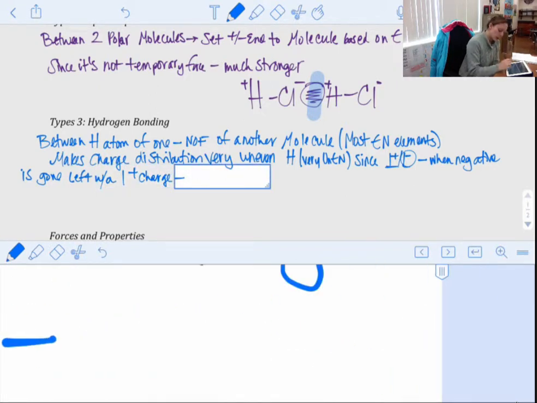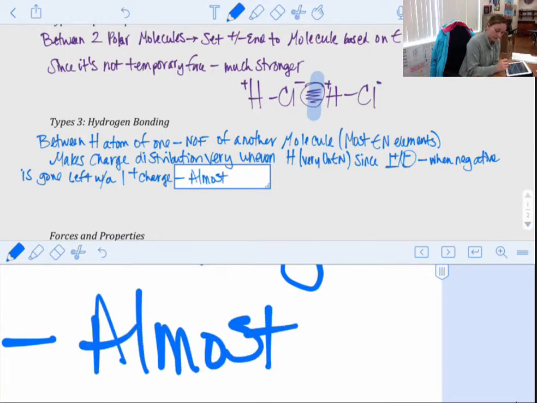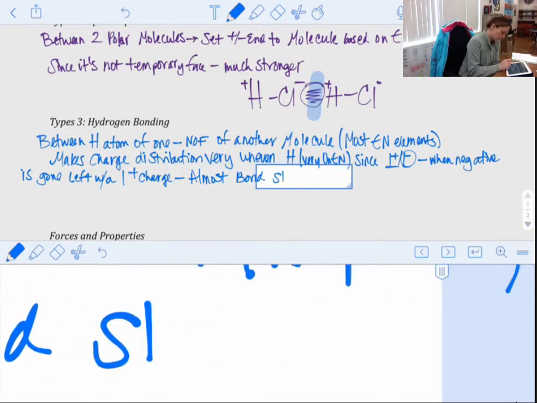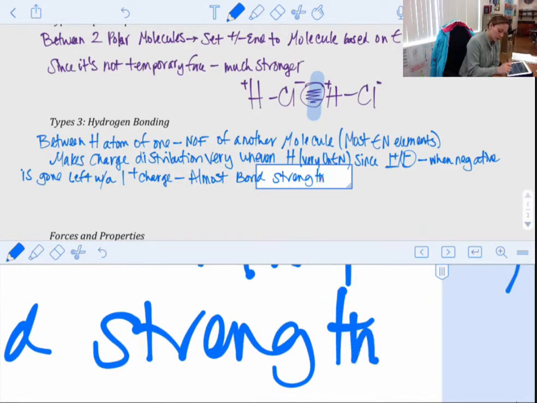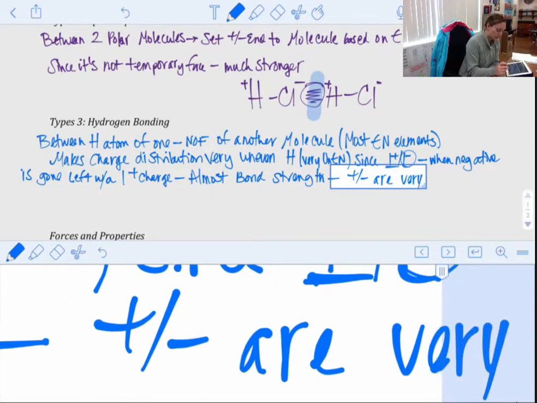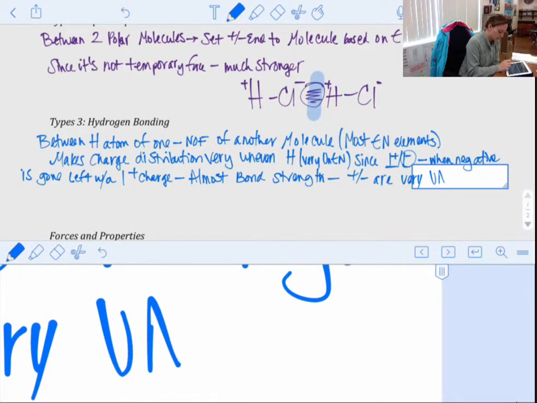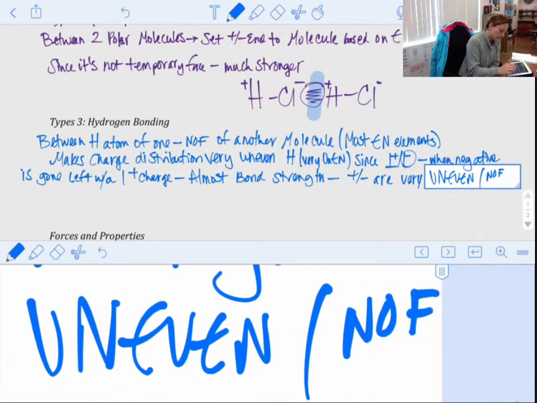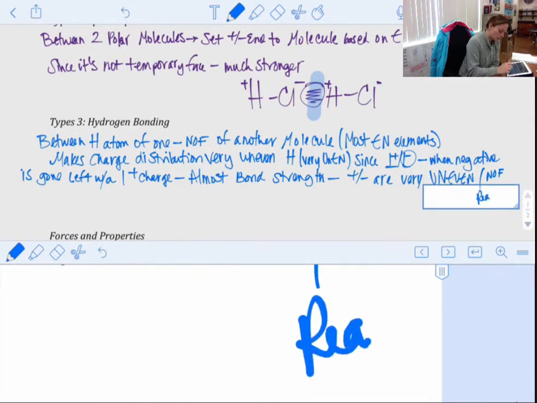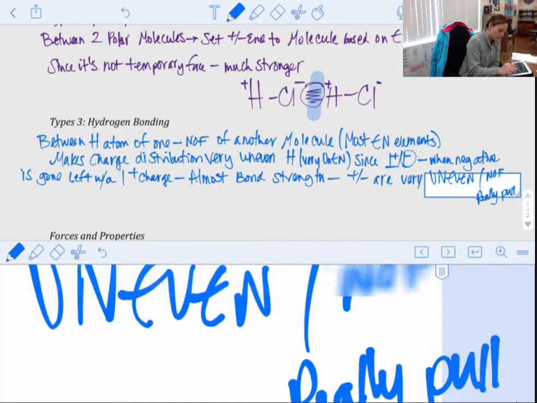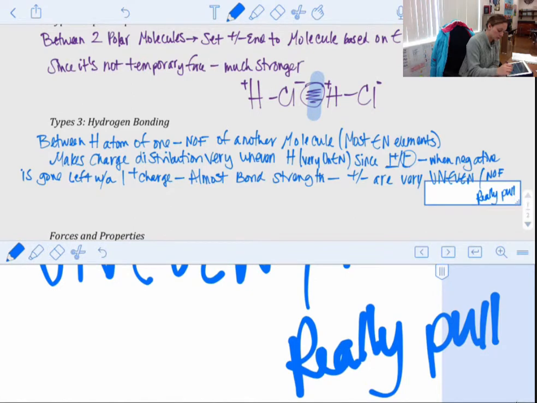So a hydrogen bond is almost like an actual covalent bond strength. They're very, very strong. And again, it's really due to the fact that your positive and negative are very, very uneven, because your N, O, or F really pull on your electrons a whole lot.